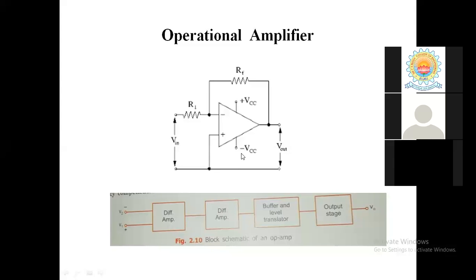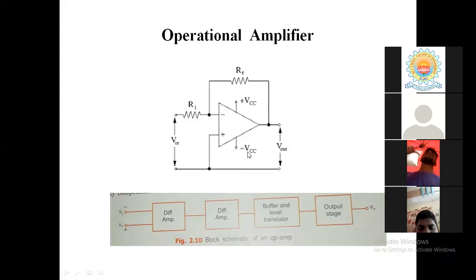These are the schematic terminals of the op amp. There are two input terminals and one output terminal. It is very clear here. The negative and positive input signals are referred to as inverting and non-inverting respectively. The negative one is inverting, and the positive one is non-inverting.